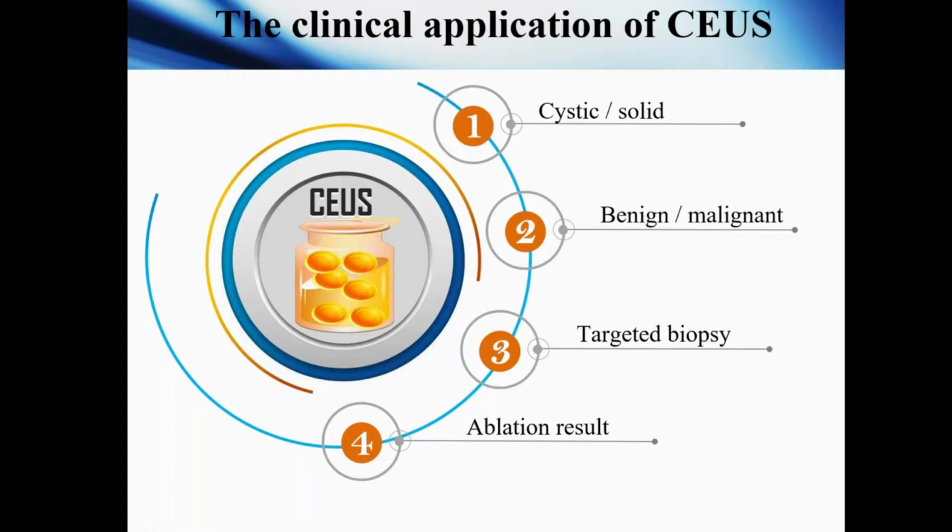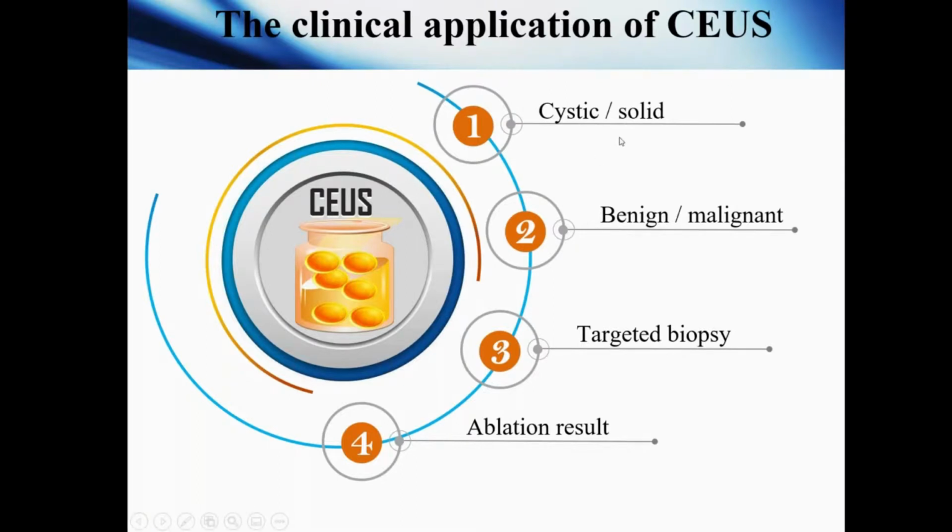CEUS can display the microvessels in tumors as well. Previous studies and our work showed that CEUS is a good assistant method for diagnosing thyroid nodules. Its applications in thyroid include the following. 1.